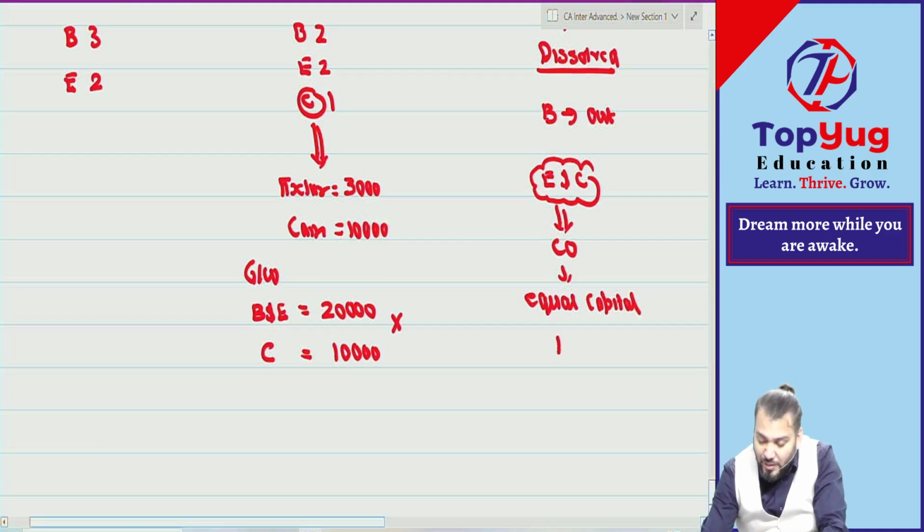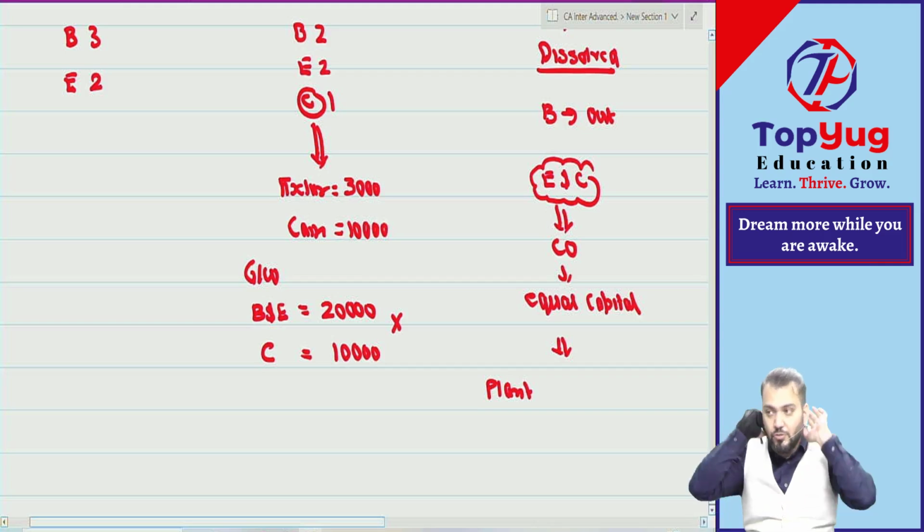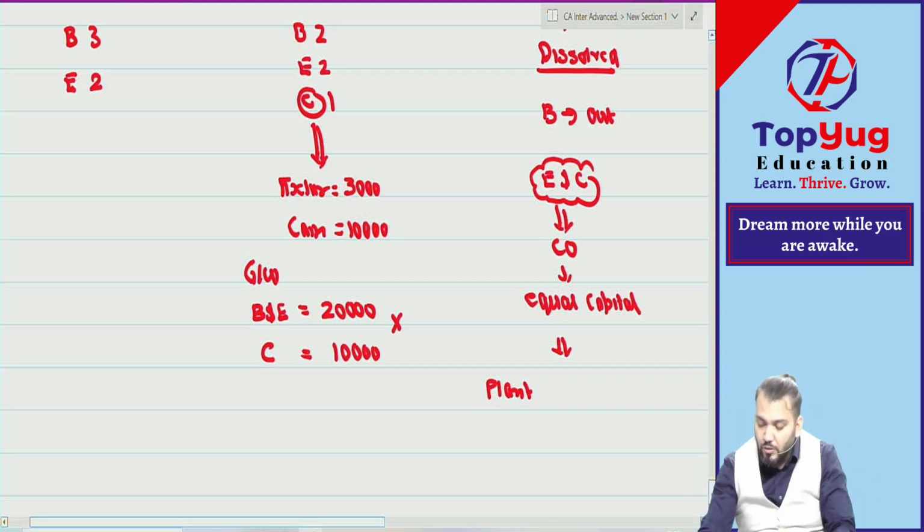So what are the assets not taken over? Tell me. Plant not taken over. The plant was sold. Tell me, whose book value is how much? And whose sale agreed value is what? Understood.